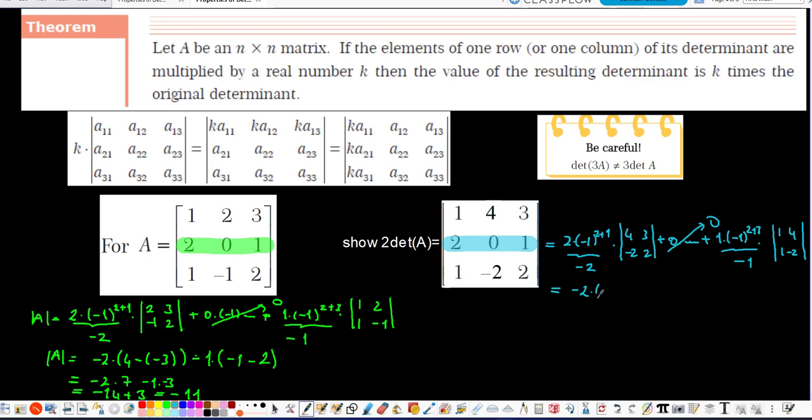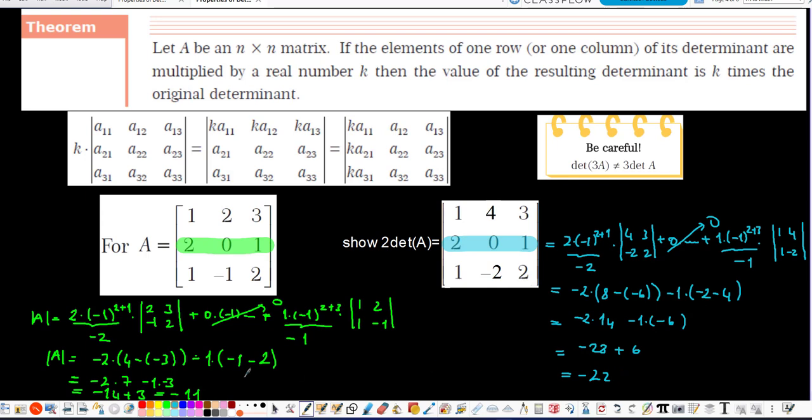So minus 2 times 4 times 2, it's equal to 8, minus 2 times 3, it's equal to minus 6, and here minus 1 times 4 times 1 times minus 2 is equal to minus 2, 1 times 4 is equal to 4, but since we have this, we are subtracting minus 4, it should be here, which is equal to minus 2 times 8 plus 6, which is equal to 14, then minus 2 times 14, minus 1 times minus 6, which is equal to minus 28 plus 6, which is equal to minus 22.